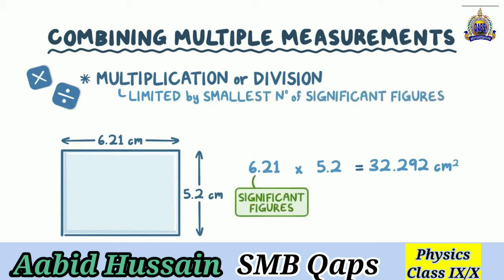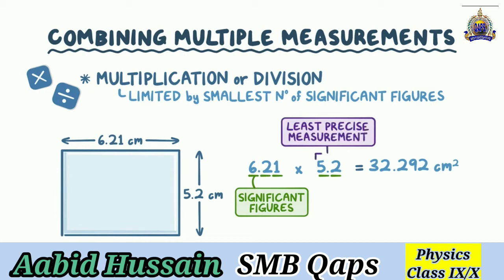Now here we have a number which is the result of 2 measurements. All the numbers given here, like the 6, is significant, 2 is also significant, 1 is also a significant figure. On the other hand, the 5 and 2 are also significant figures. As a result, the answer is 32.292, and these are also called our significant figures.